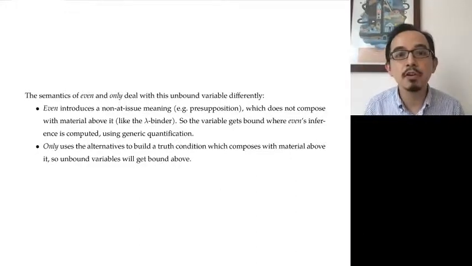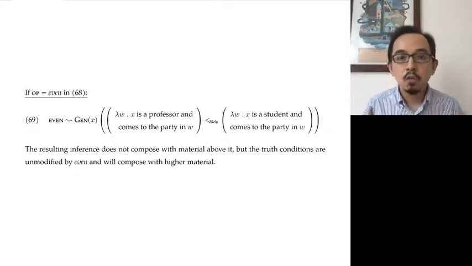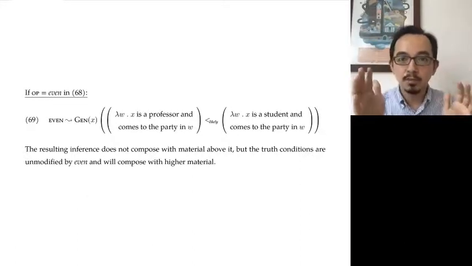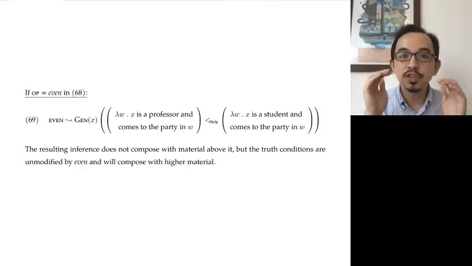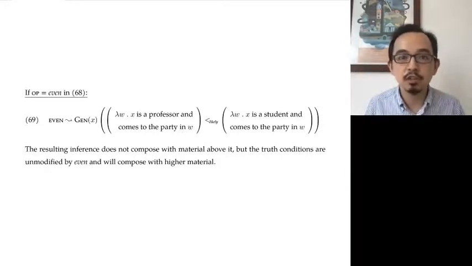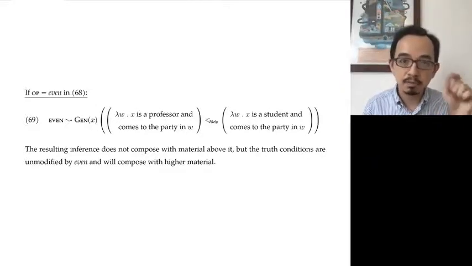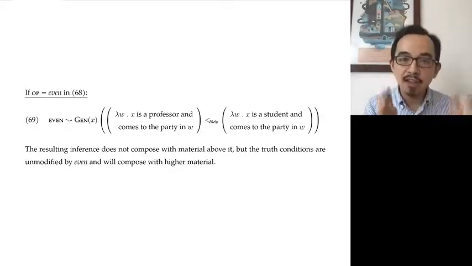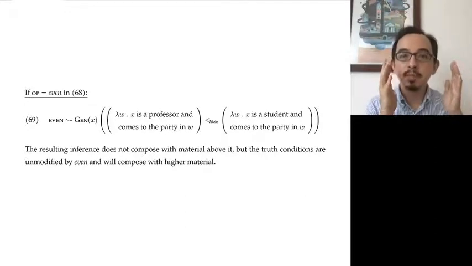So if the operator is even, what even will introduce when it is interpreted is a scalar presupposition, a scalar inference, that says generic x, meaning basically almost all x, or for all x tolerating some exceptions, the proposition that x is a professor and comes to the party, right?